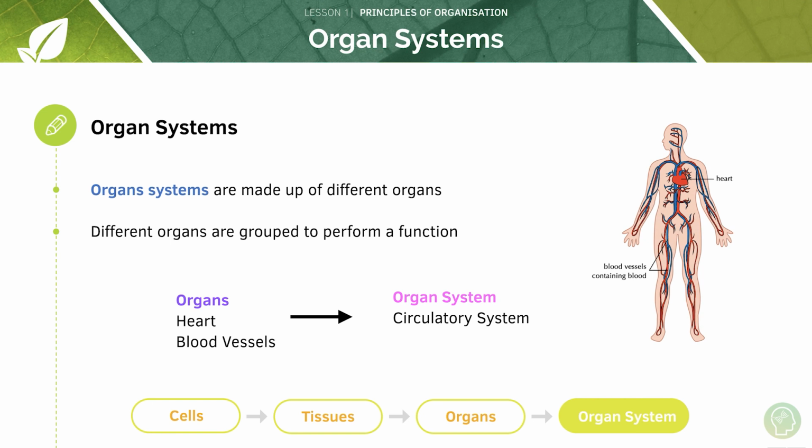And this pumps blood around the body and carries oxygen to organs. So the circulatory system is reliant on all its individual component organs. The heart on its own would not form a very effective circulatory system. And blood vessels on their own would not form an effective circulatory system, because both the heart and the blood vessels rely on each other in order to form an intact circulatory system.